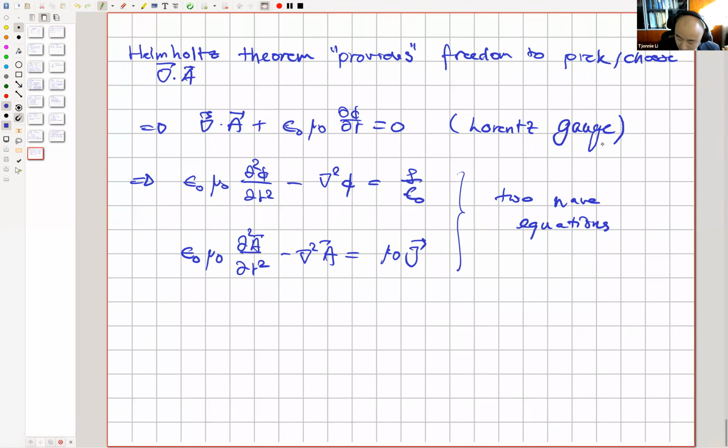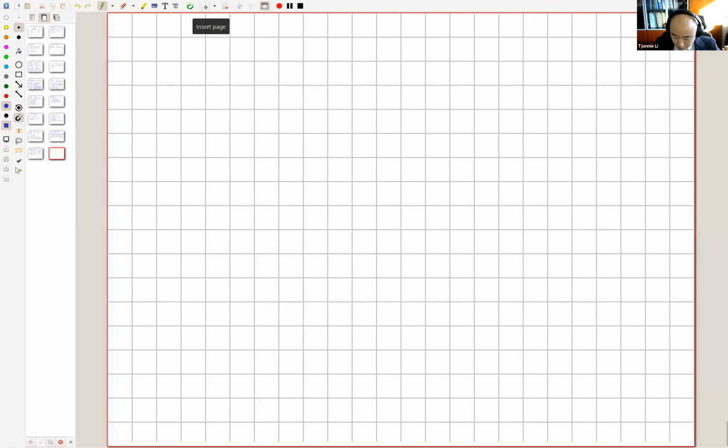We end up also with two wave equations for the potentials. Now, again, this is in particular under the Lorentz gauge. You can see now that the potentials also satisfy the wave equation. And so we end up being able to write Maxwell's equations as follows.